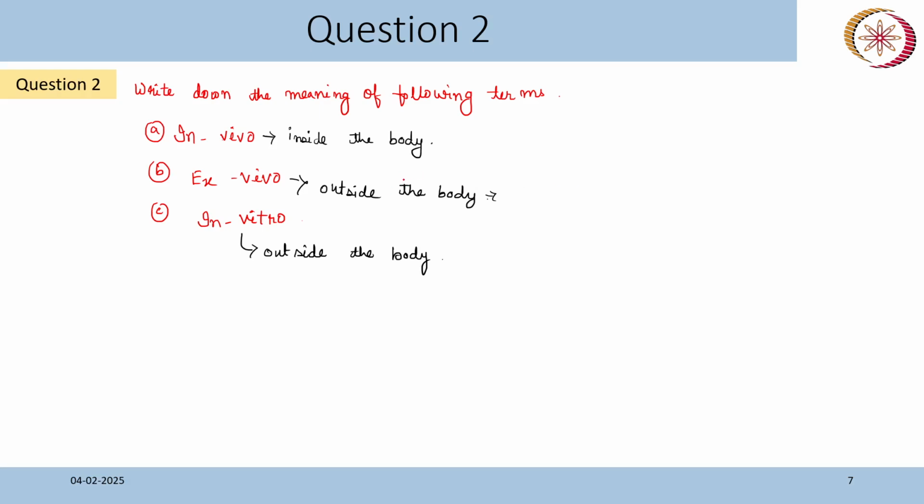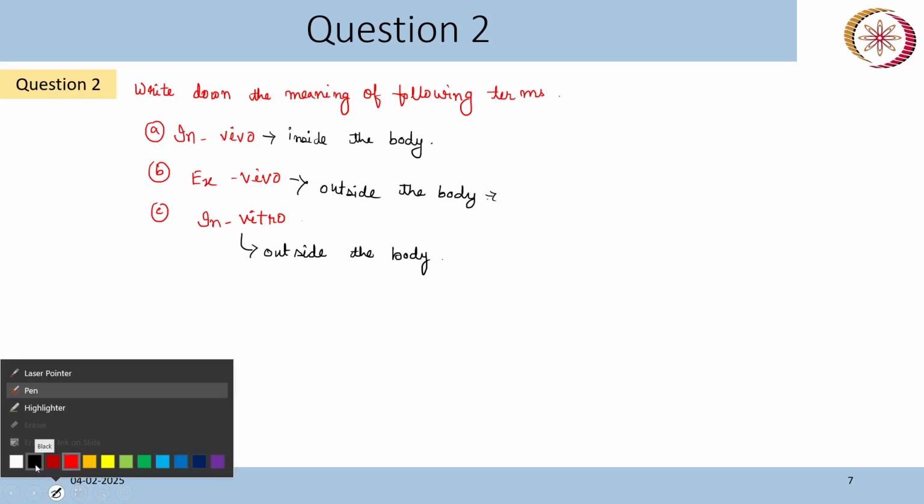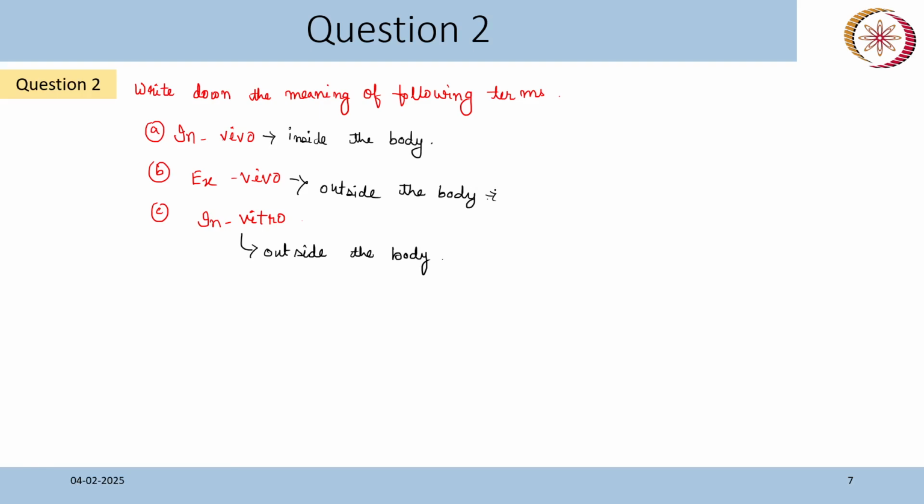But that is not possible always, so let me write. I'm just writing it to understand, and these are not exact definitions, just the way I have understood the difference between ex vivo and in vitro. Okay.